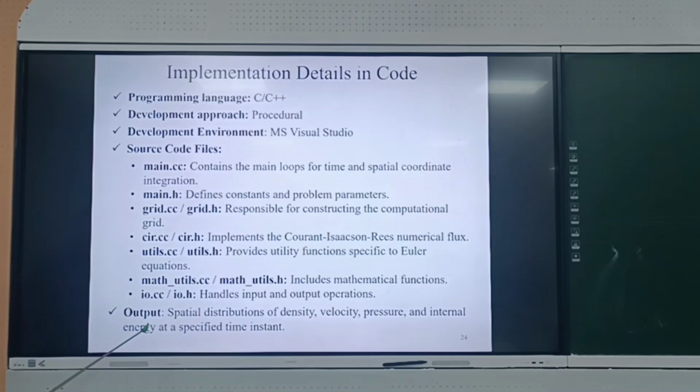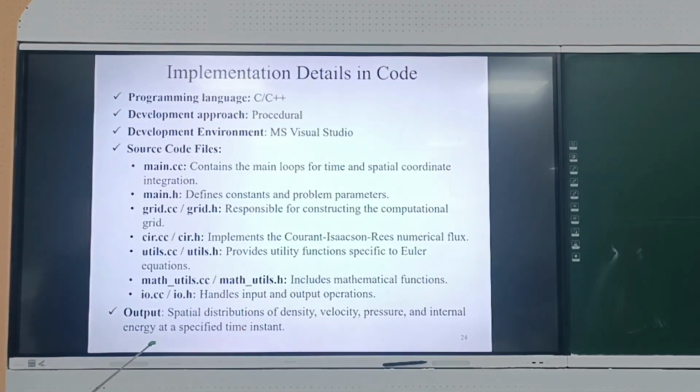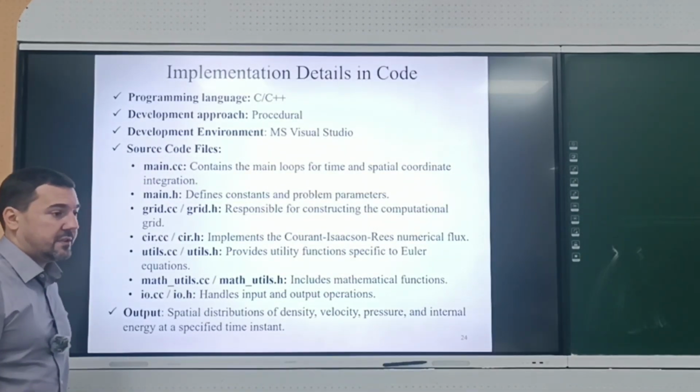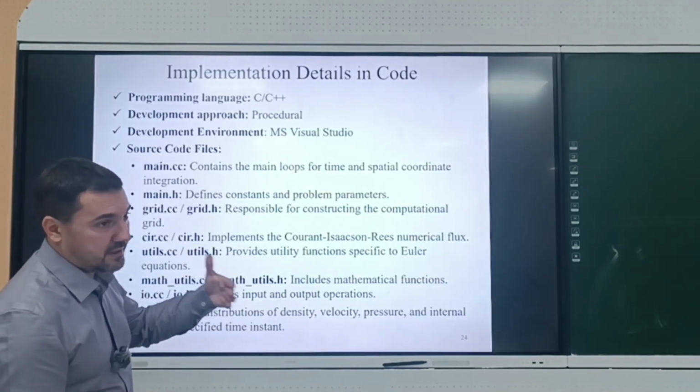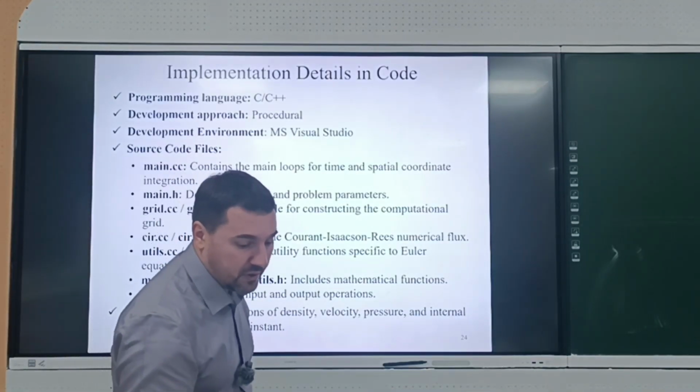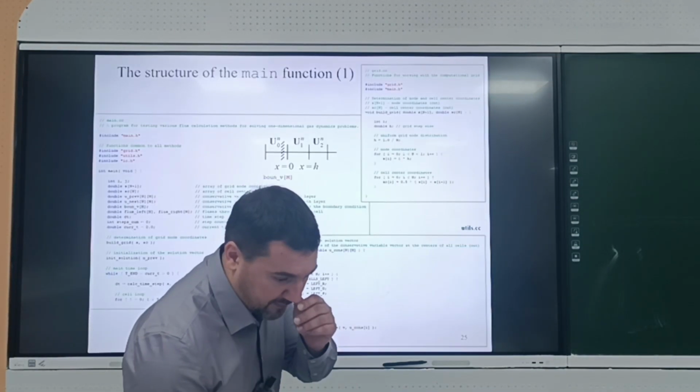As a result, the program computes the spatial distributions of density, velocity, pressure, and internal energy at a specified time instant. We want to compute the solution of Sod's test here, and I would like to show you how it can be done.